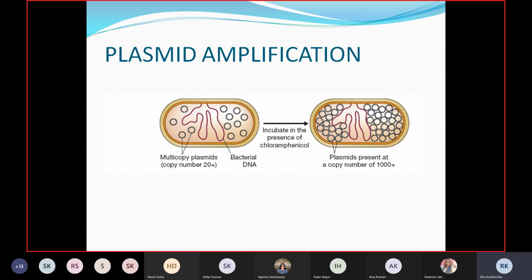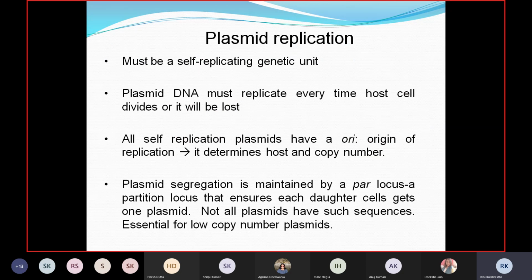Once it reaches that density, they give a treatment with chloramphenicol for some time, which inhibits protein synthesis, because of which the bacterial DNA does not get replicated, while the plasmid gets replicated to a huge amount, and we get a huge difference in the copy number of the plasmid that you are interested in. So different methods have been used to increase the copy number. Maybe not all plasmids are sensitive to this. We don't know. So for individual purposes, you'll have to optimize the way by which the copy number of a particular plasmid may be increased.